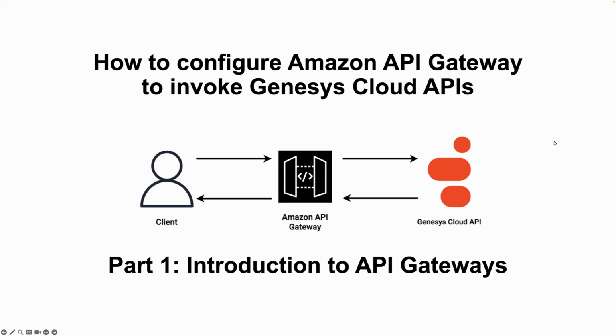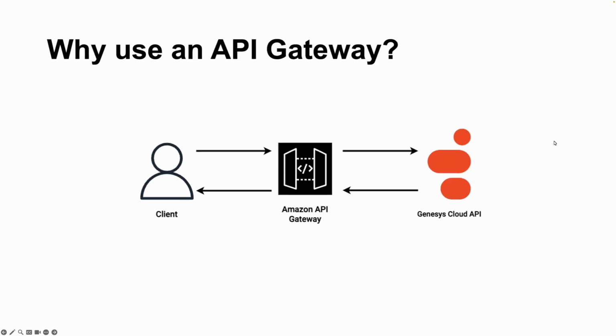Before we delve into how to do it, let's discuss why we want to use an API gateway. And I'm not just referring to the implementation of Amazon Web Services. An API gateway is a software component that acts as a single entry point for all API requests, sitting between clients and backend services, receiving requests, routing them to the appropriate service, and then aggregating the responses to send back to the client.